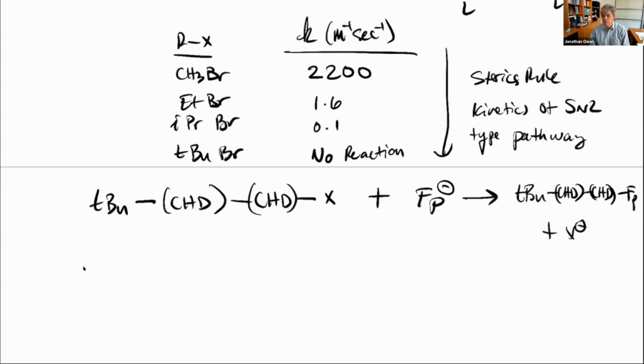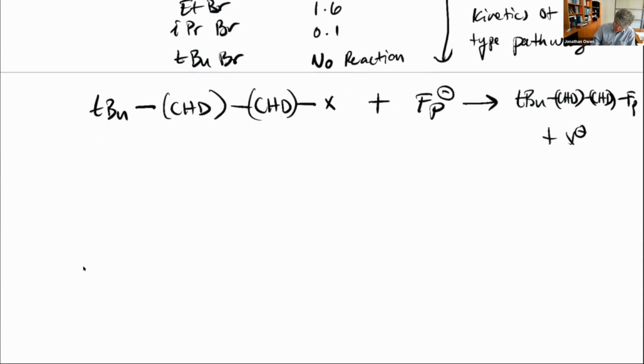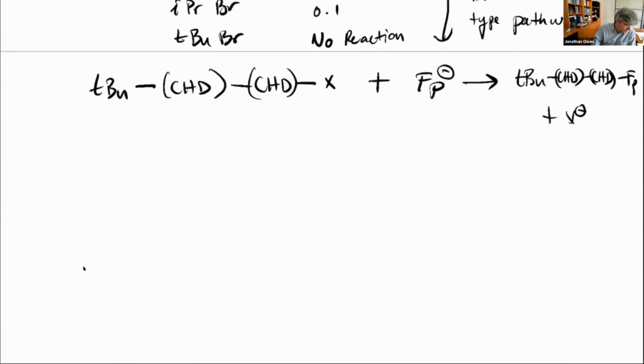The FIP anion displaces the X. And he wanted to know whether this reaction proceeded by inversion. So FIP here is this Cp iron dicarbonyl anion.